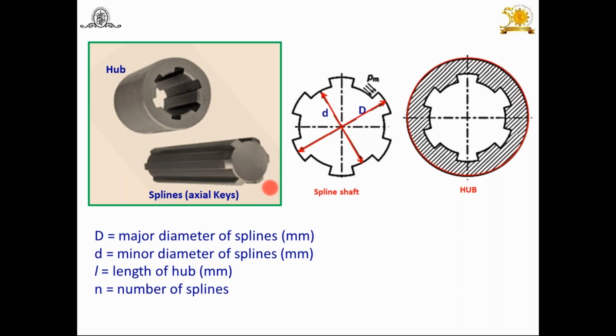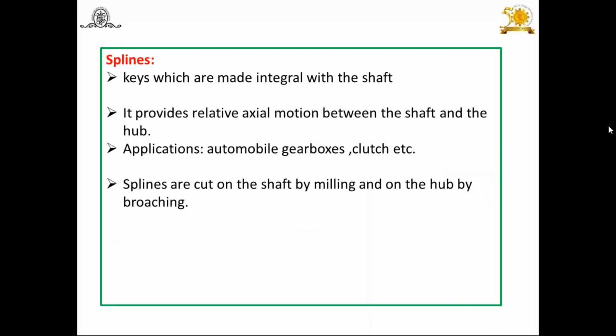In other words, axial movement is possible in the case of a spline shaft, but it prevents relative rotation. If we rotate this hub, it prevents relative movement: as the spline rotates, the hub also rotates. That means what is the purpose of the splines?